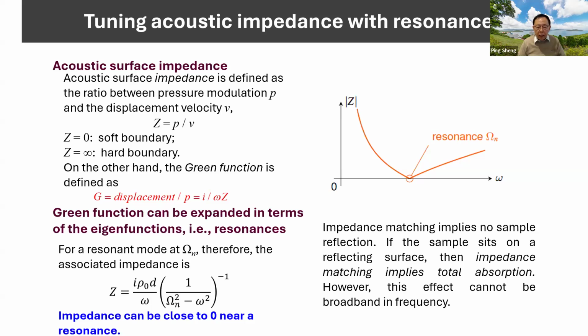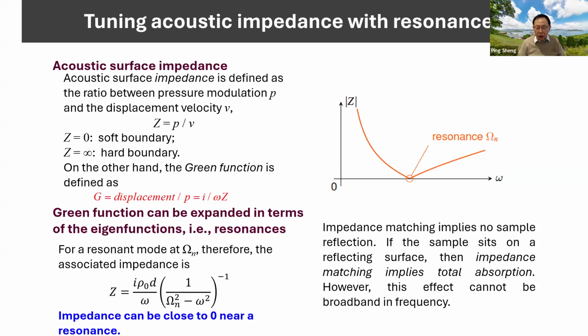Now, to the right, we plot the absolute value of Z as a function of omega. At exactly the resonance frequency, Z can approach, at this single frequency, a soft boundary, Z equals 0. But for airborne sound, we don't want exactly 0.